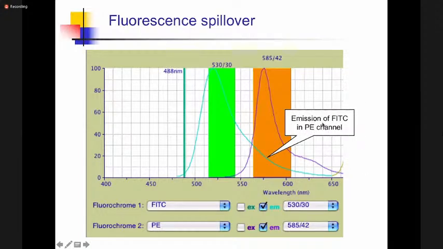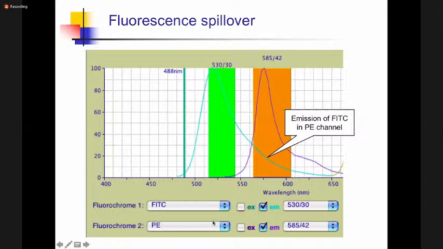And so you have got FITC against the phycoerythrin channel, and this could be easily analyzed from the inception of the molecule, like this FITC or the phycoerythrin.